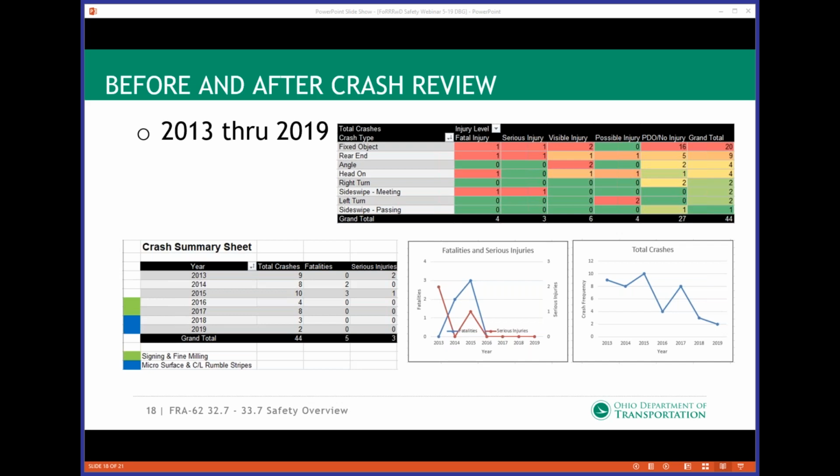And then from September 2017 to current, the medium term, which was the rumble stripe and the overlay, or the microsurfacing, was done. So you can see there was a significant drop in the crashes during that time.